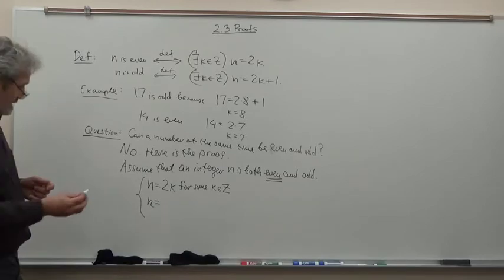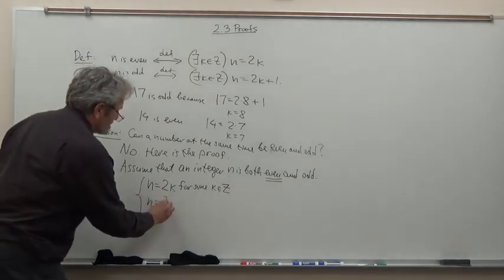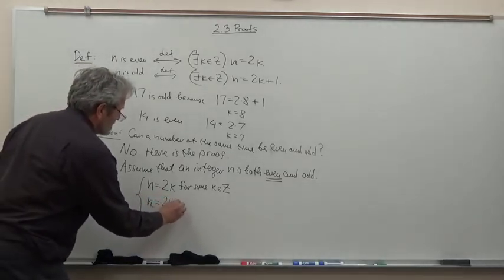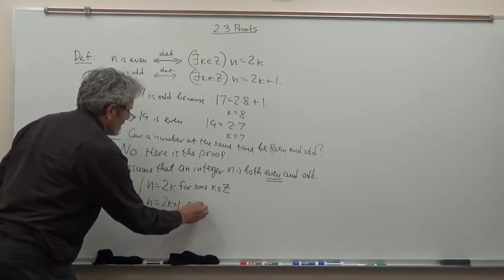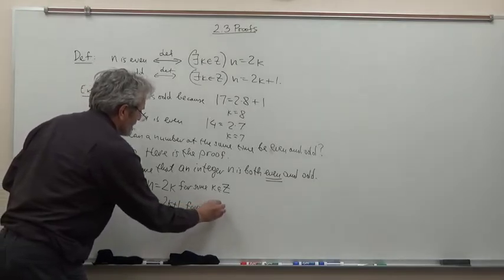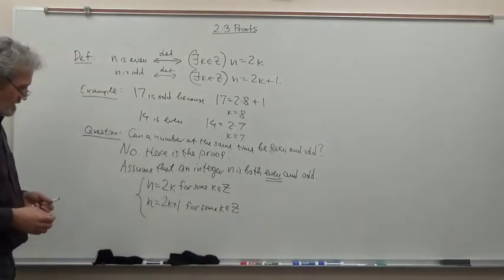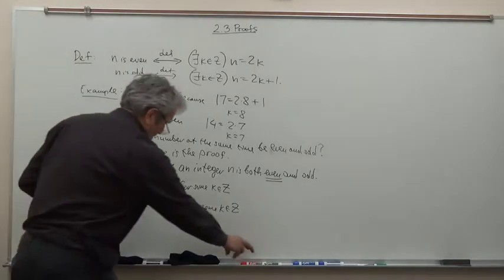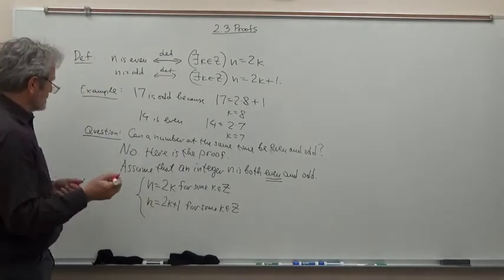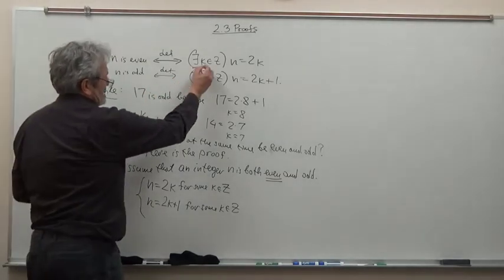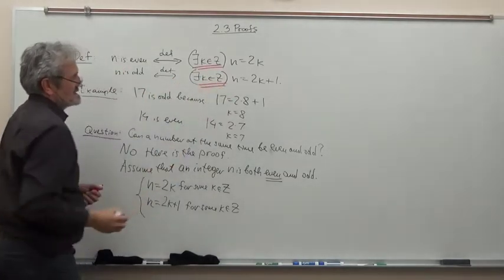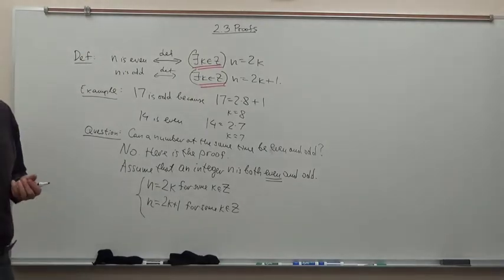Now comes the typical error. Very often people say 2k plus 1 for some k in Z. This is the wrong way to say it. Why? Because each of those two statements has its own witness, and no one says that the witness has to be the same.